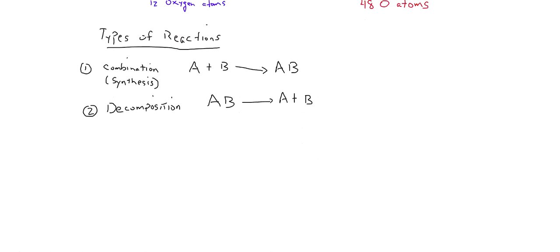Next, we talk about a single replacement. This is where you have a molecule and it wants to replace one of its constituents with another constituent. So this is like one of the people in a couple being replaced by someone else.